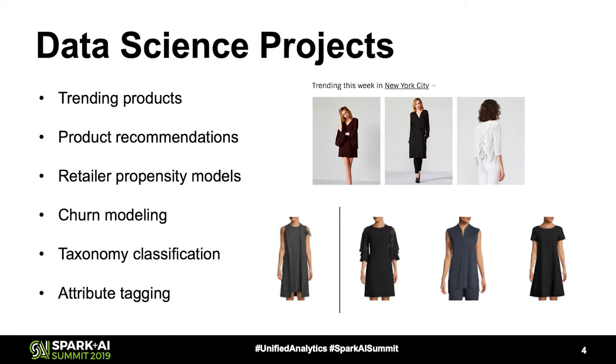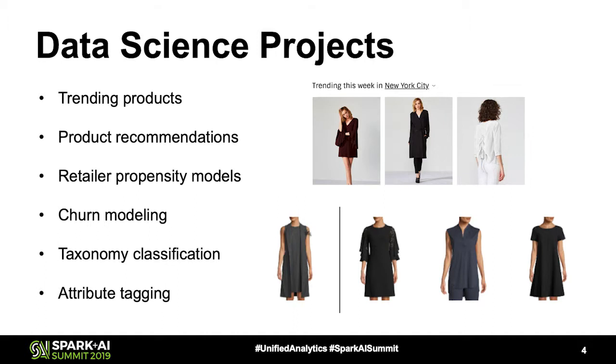So we do things like anomaly detection to find trending products at different retailers. We do product recommendations of a couple of different varieties. You can do visual search tools. That's what this bottom array of products is. You give it the product on the left and get back an array of similar products.